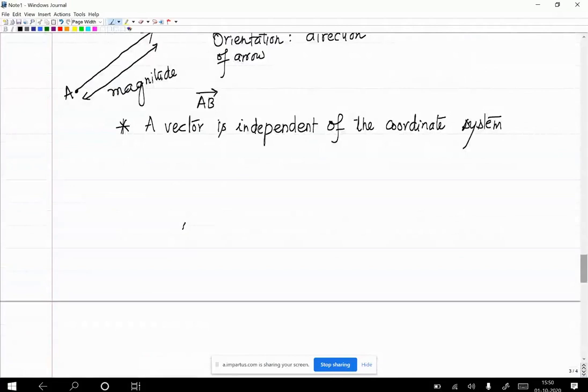So, think of a coordinate system, for example. You have here E1, E2, and E3. So that's a coordinate system with origin at O. And then there's a vector V here.